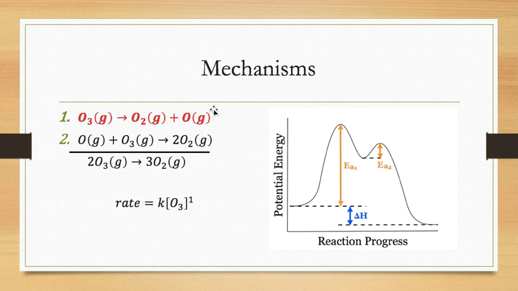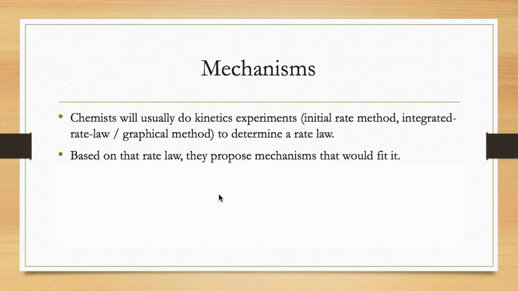And this matches this rate law because we're assuming this is the rate determining step. So that's the way it works. I do the kinetics experiments, I get the rate law from that data, and then I propose a mechanism that fits that information. So it always goes in that direction in the real world.